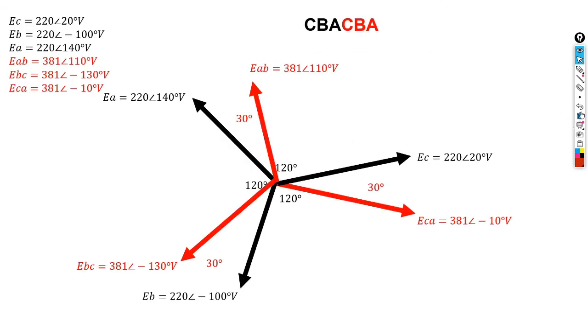So once we observe that the split is 30, how do we know that our lines are lagging their phase?